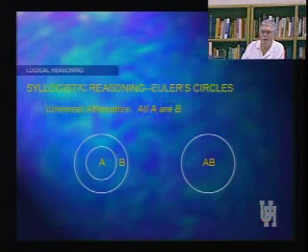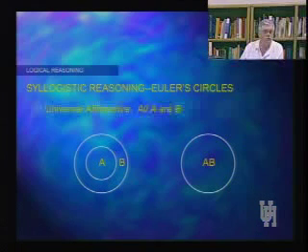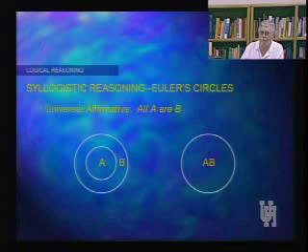If the A and B circles are exactly identical in size, I can still say all A are B. In this case, it is reversible. All B are A under this unique situation.